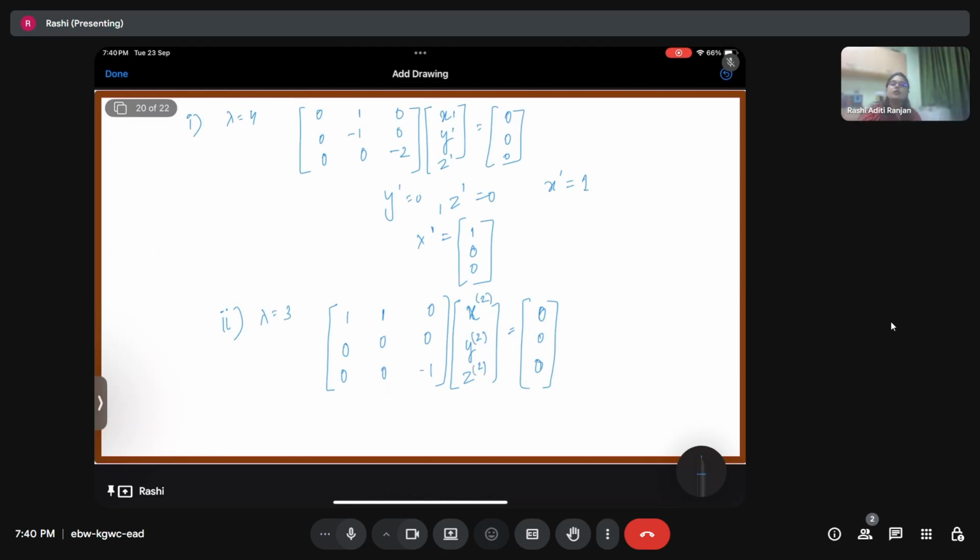So what are the equations that we get? First is z of 2 is 0. Second is x of 2 plus y of 2 is equal to 0. So y of 2 is minus of x of 2. Z is going to be 0, and whatever is going to be the value of x, y is going to have a value negative of it. So x of 2 is 1, minus 1, 0.